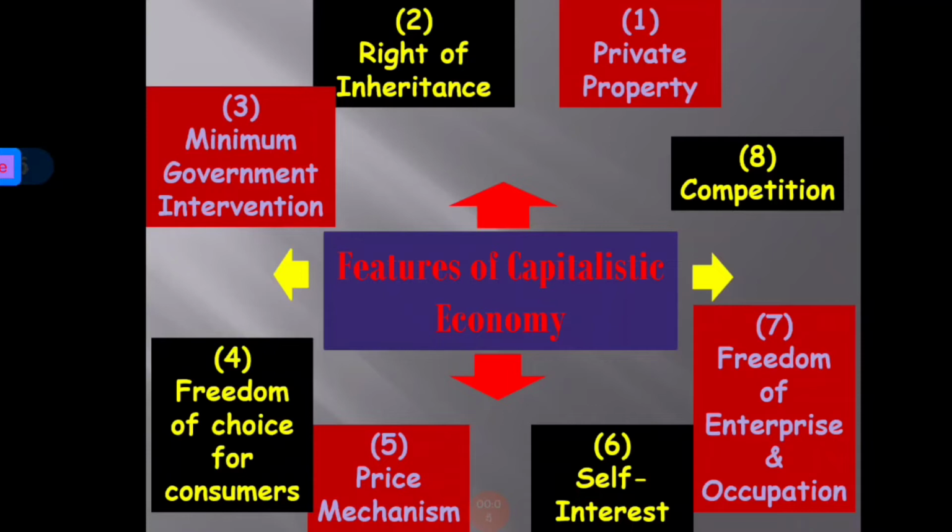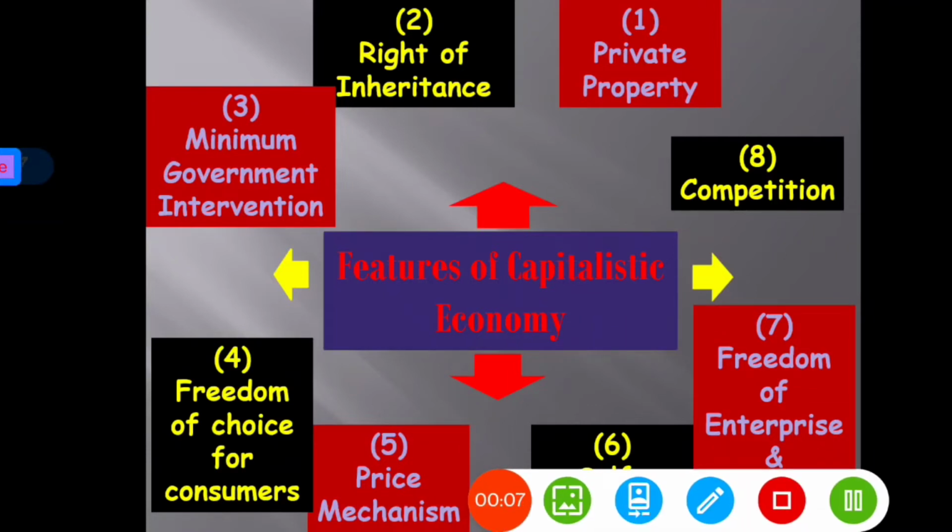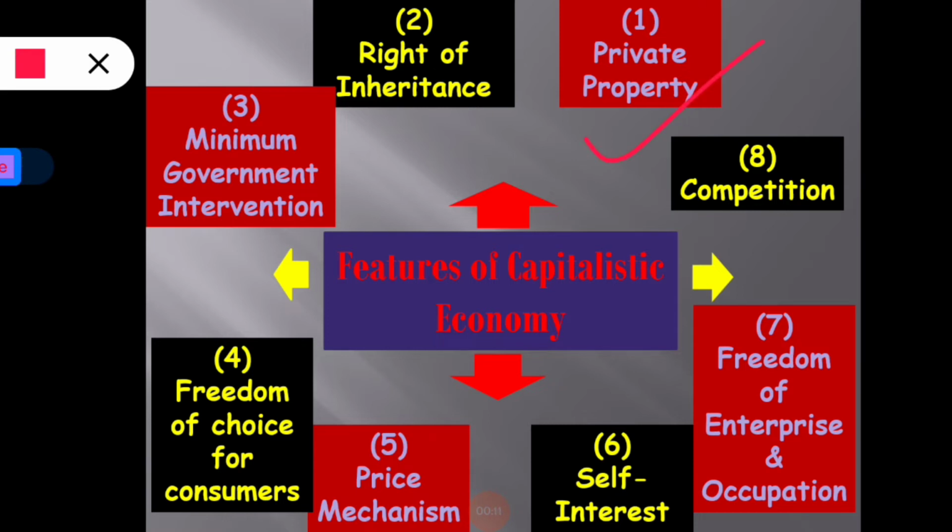So here we can see some features of capitalistic economy. The first one is private property. It is one of the important characteristics or features of capitalistic economy or capitalism. Productive forces like land, factories, any machineries are owned by private individuals, and it is mentioned in the definition of the capitalistic economy also.